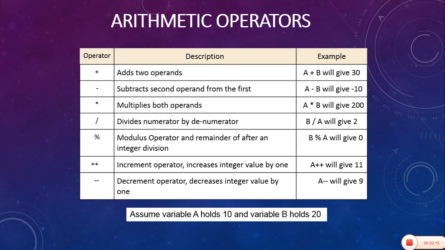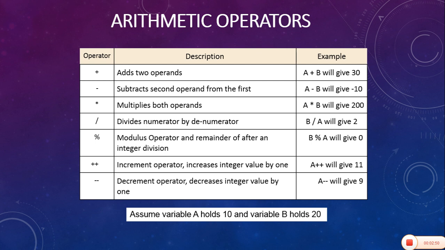The first operator, for addition, A plus B, will give you the answer 30, as 10 plus 20 is equal to 30. The second operator is for subtraction. When we use A minus B, it tells the compiler to subtract the value of B from A. It will give you the output equal to minus 10.